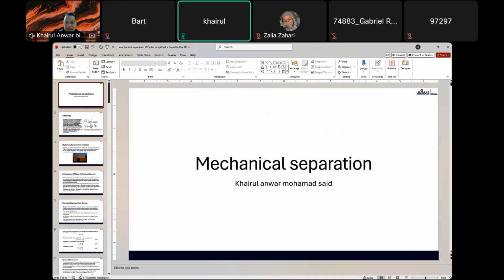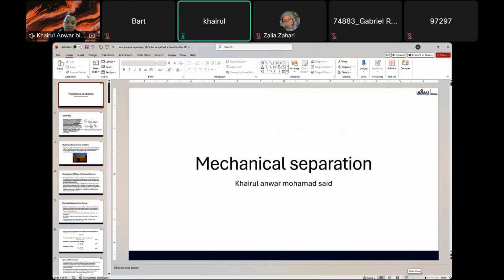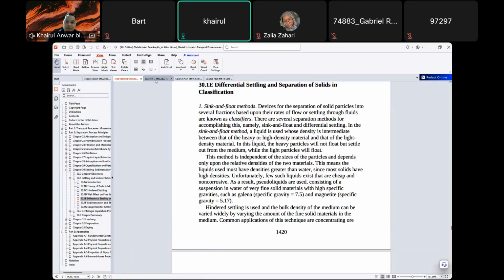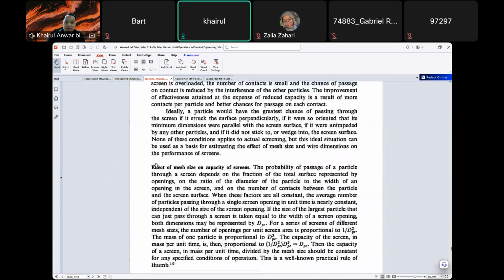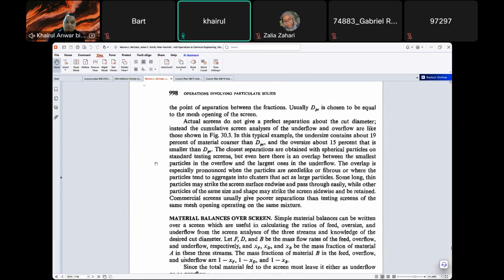So mechanical separation. We start with the books.